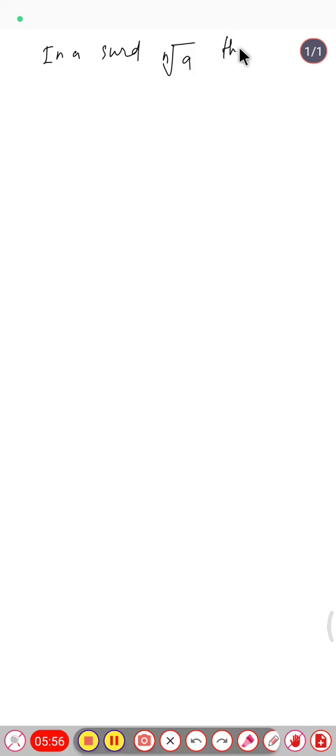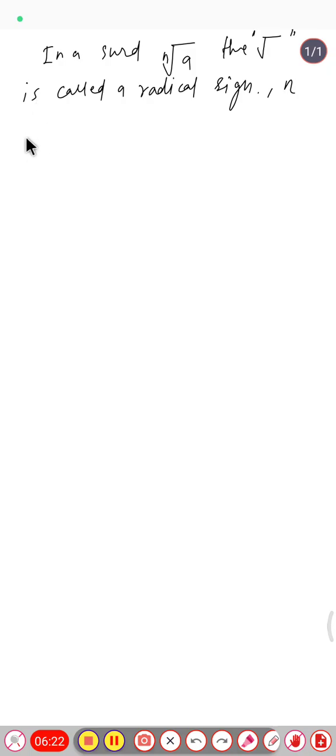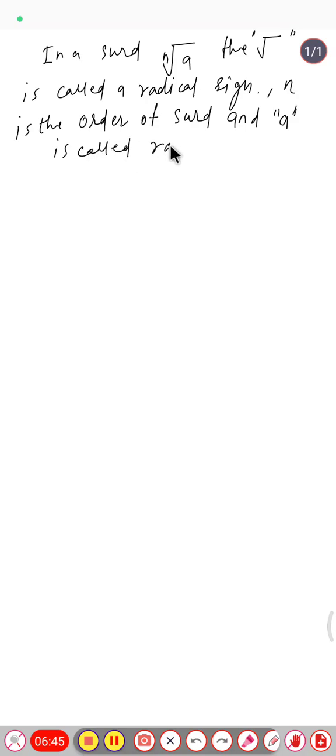This symbol is called the radical sign, n is the order of the surd, and a is called the radicand.